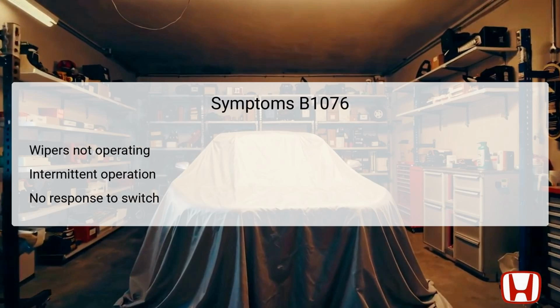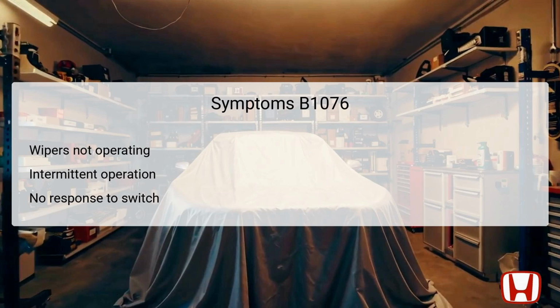The most apparent symptoms associated with DTC B1076 include non-operational windshield wipers, making it unsafe to drive in wet conditions. Additionally, some users may experience intermittent operation, where the wipers may function erratically or only operate in certain modes.